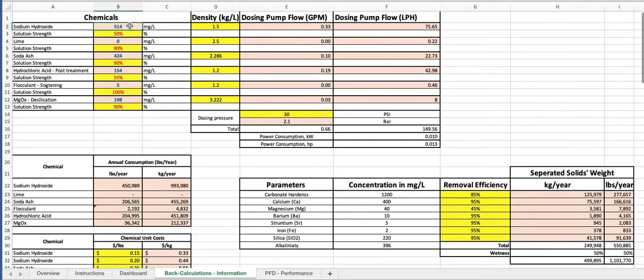First and foremost, the tool calculates the chemical dosing rates in terms of milligram per liter as well as gallon per minute and liters per hour that you would need.